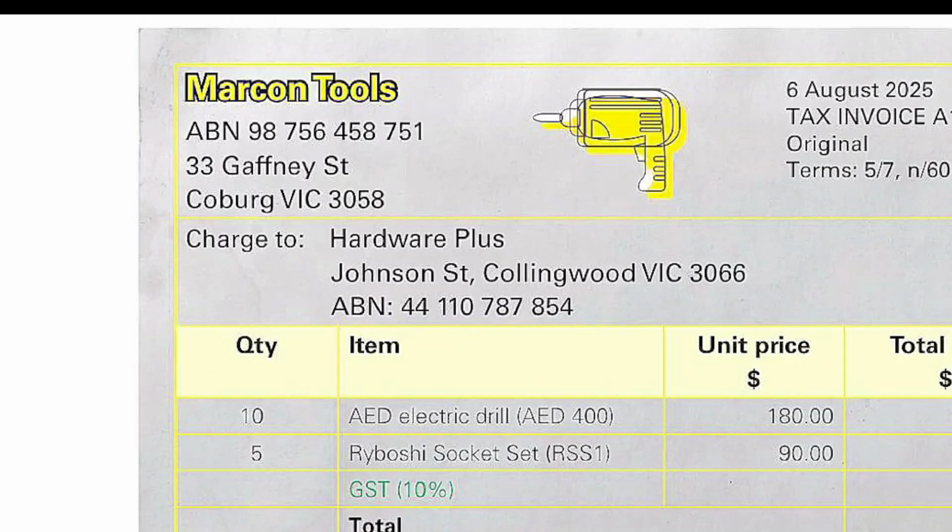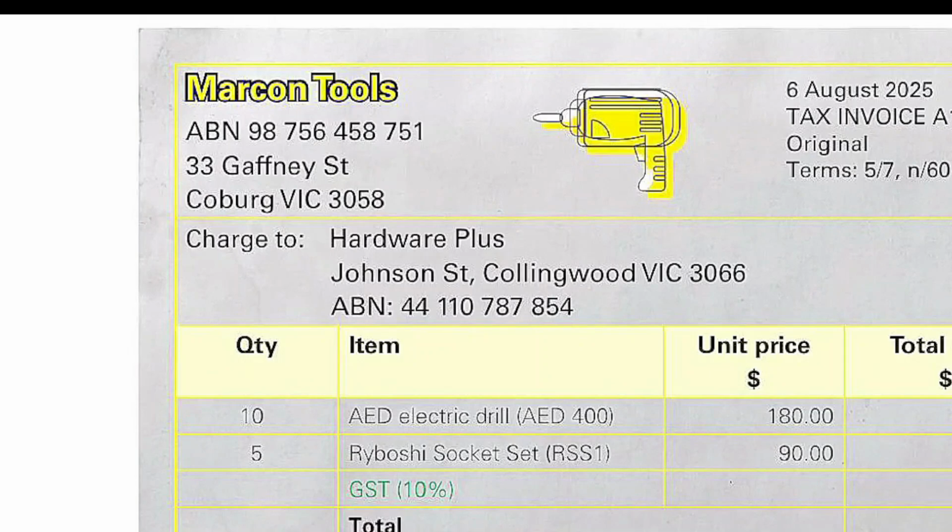So this is Marcon Tools letterhead. They have their logo, ABN number, address, and charge to Hardware Plus, and their address and ABN number.